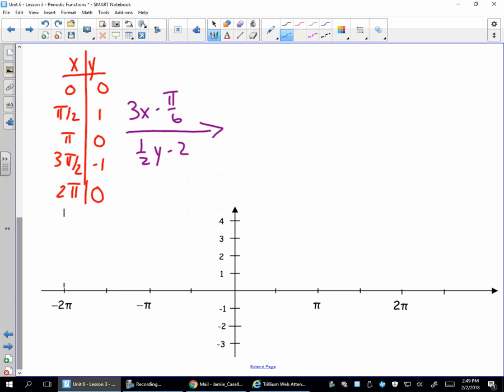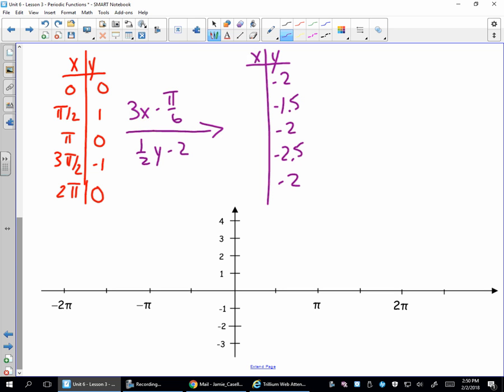Okay, so new table. Let's get the y's out of the way first. Negative 2, half of 1 is a half, minus 2 is negative 1.5, and then negative 2 again, and then negative 2.5, and then negative 2 again. And let's deal with the x's.